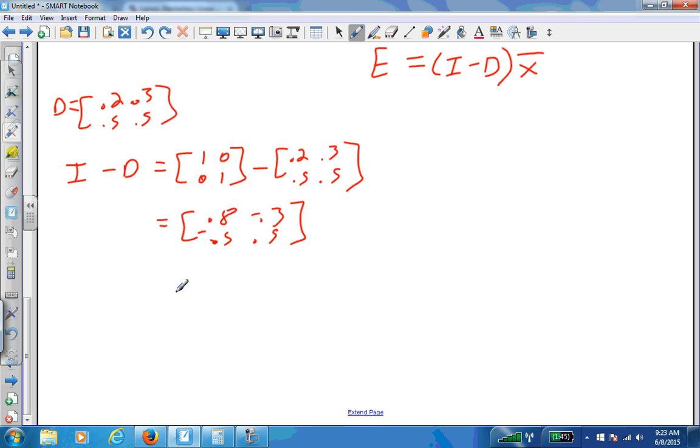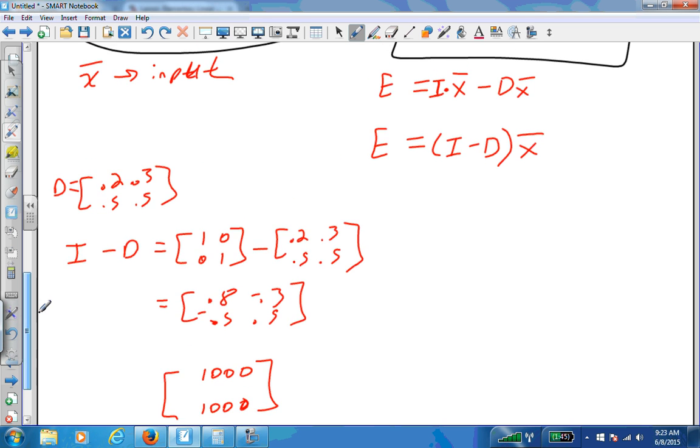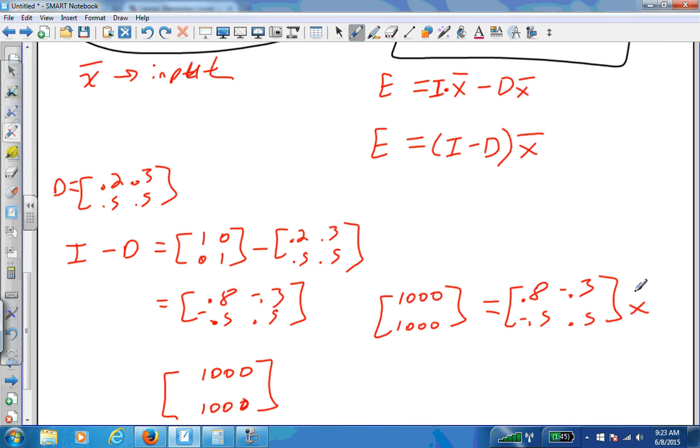So if we need 1,000 units of electricity, 1,000 units of coal to be produced for the outside world, then E equals 0.8, negative 0.3, negative 0.5, 0.5 times x.